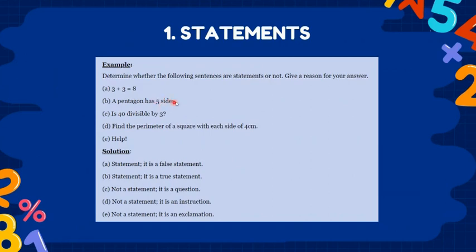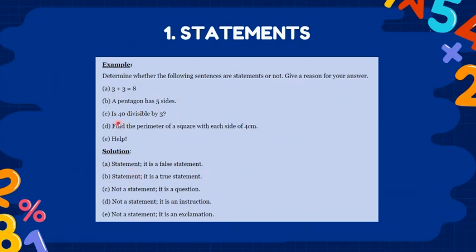The 5 sides is the truth statement of this question, so it becomes a statement. Next, we determine whether it is a true statement or not. A pentagon has 5 sides. If we go through the polygons, yes, a pentagon has 5 sides. So this statement is a true statement.